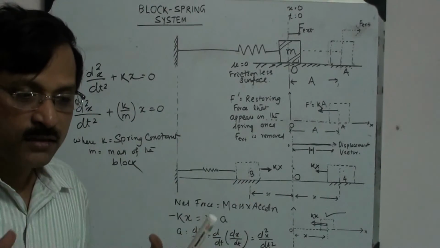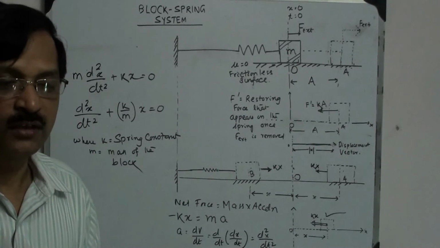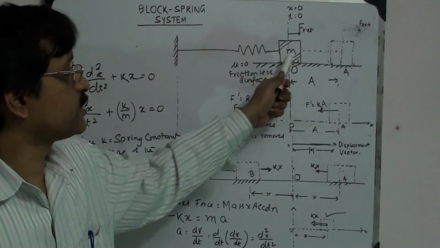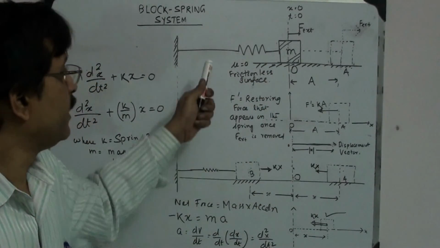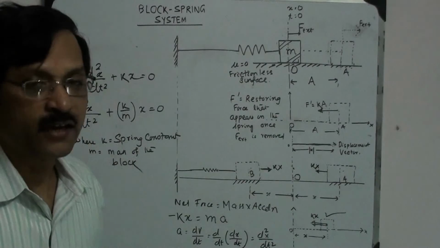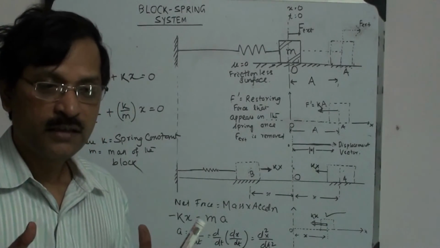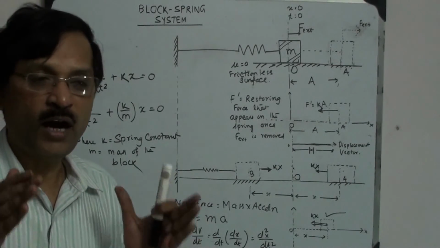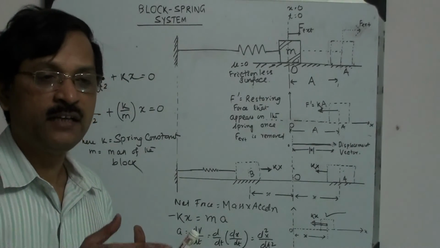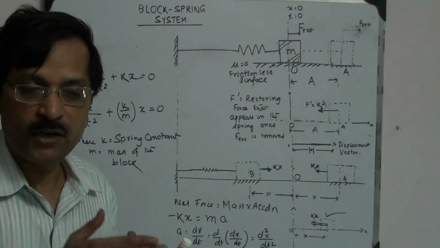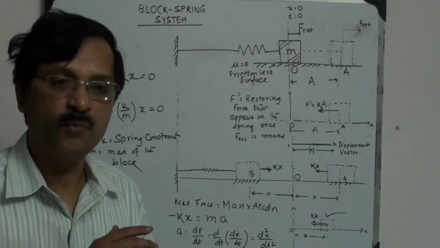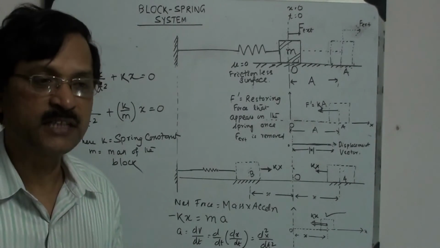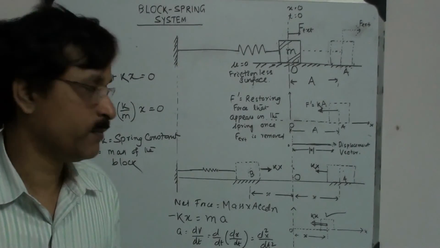The total simple harmonic motion solution is to find out that if you disturb the body from equilibrium when it is attached to a spring of spring constant k, what will be the periodic motion's time interval? That is, after what time period will it return back? The time period of motion, and given the time period of motion, what will be the velocity, acceleration and displacement at various points of time?